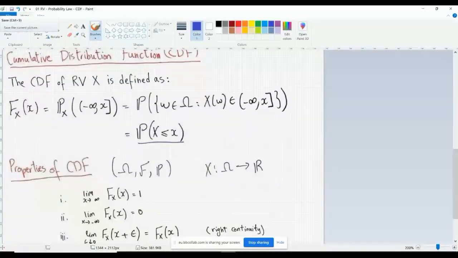Okay. So what is the CDF? The CDF is denoted by big F, because later I will denote the PDF, the probability density function, with a small f. So this is big F with the subscript.